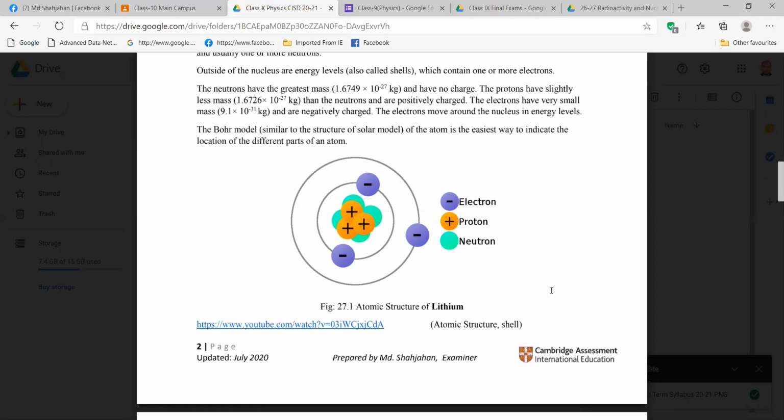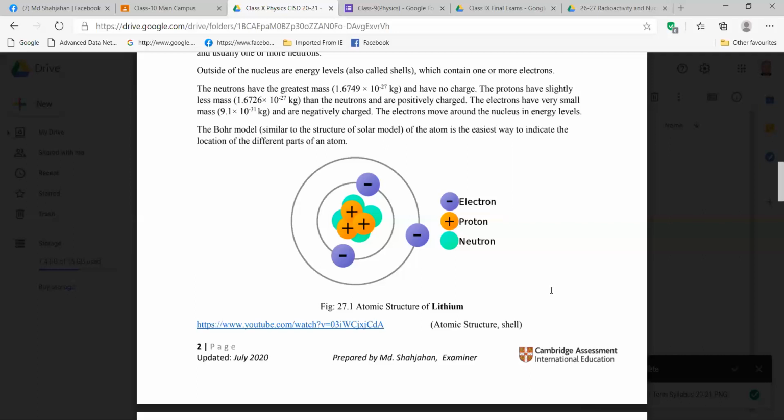Clear? And electrons? Electrons 1. You see, the proton is there, only 1 proton, positive. So the number of protons and electrons are the same. If it is a neutral atom, not charged, not an ion, then the number of protons and the number of electrons are always equal. What do we call that one?